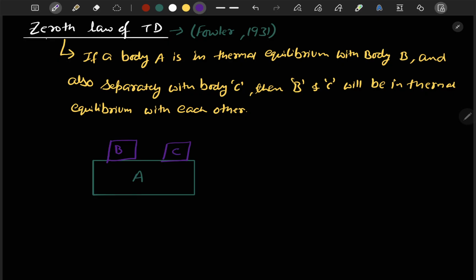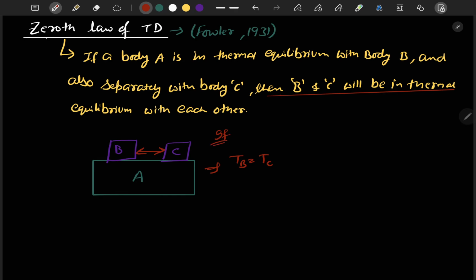So what happens when both B and C are in thermal equilibrium with A separately? We can deduce from here that B and C will also be in thermal equilibrium. So the temperature of B will be equal to the temperature of C.